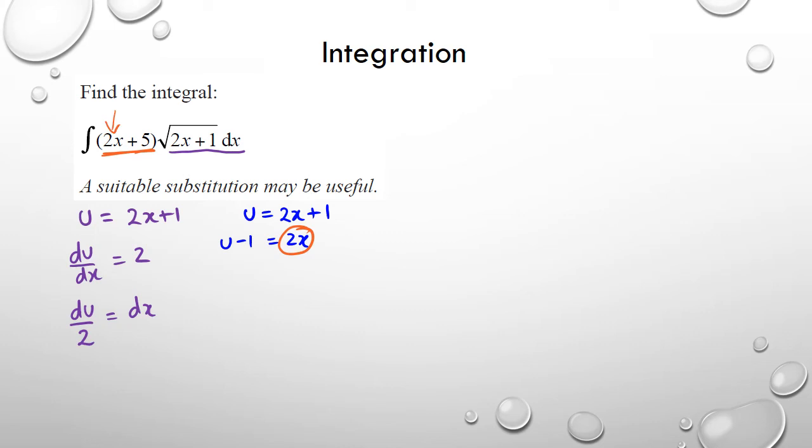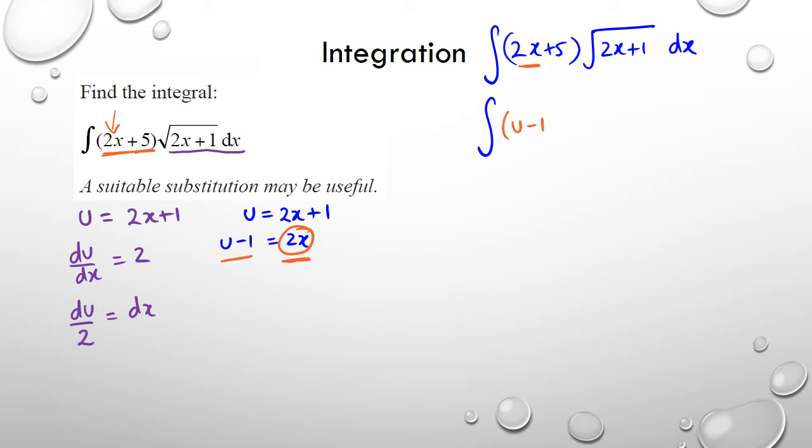So I can rewrite this whole integral. I've got 2x plus 5 times the square root of 2x plus 1 dx. I'm going to start splitting things up. The first thing I'm going to take care of is the 2x. Because I have a 2x there, and that's equal to u minus 1, I'm going to put that as u minus 1. Nothing's happening to the plus 5, I'm going to leave it as it is.